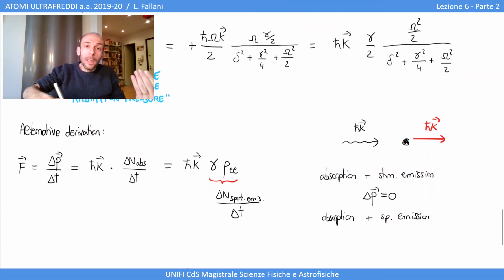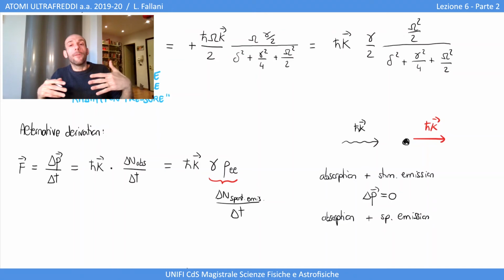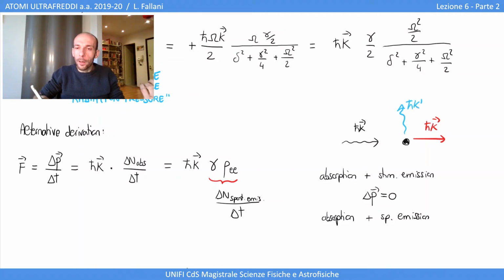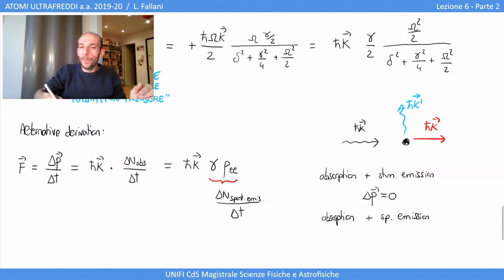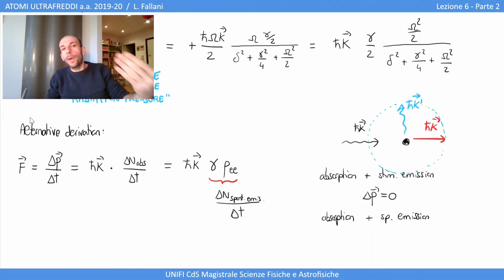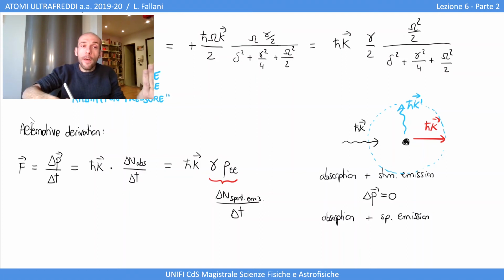But in the spontaneous emission event, the photon will be emitted in a random direction, and so the atom will recoil with momentum change h bar k prime, where k prime is equal in modulus to k, but with a random direction. Since this direction is random, the average contribution of spontaneous emission to the change in momentum is equal to 0, and so on average, in this process, the momentum transfer is indeed h bar k.